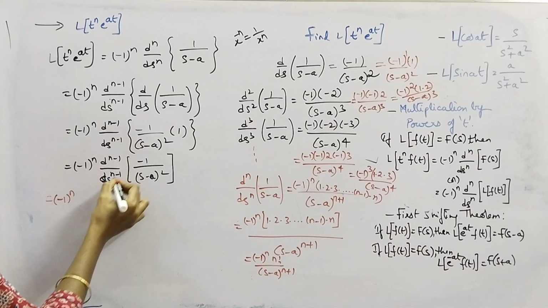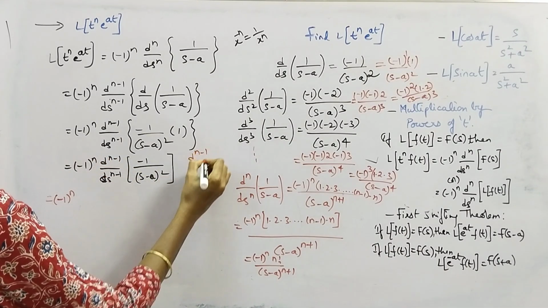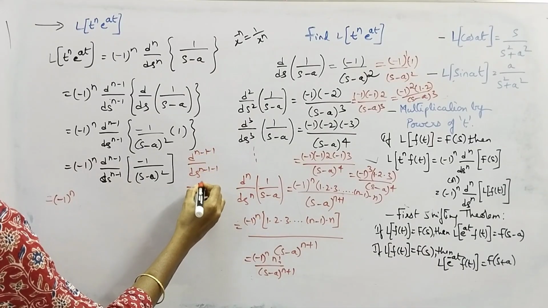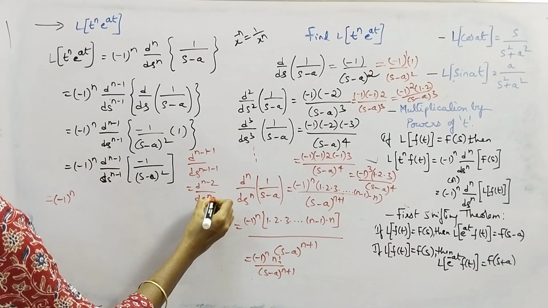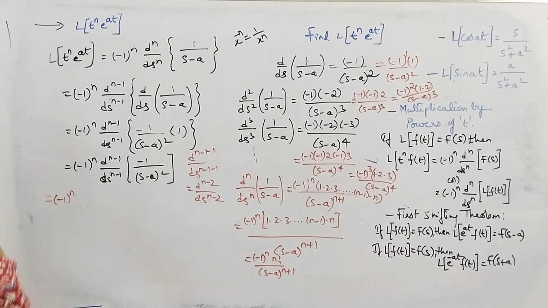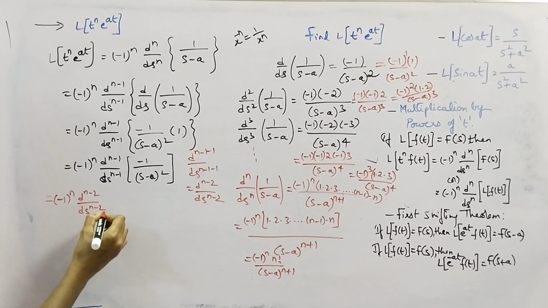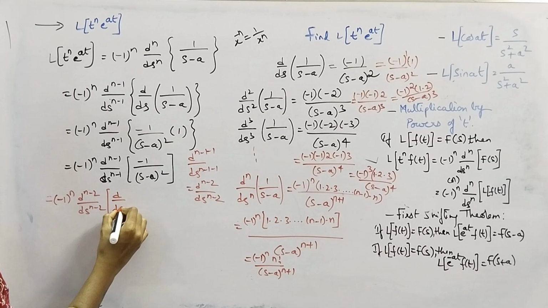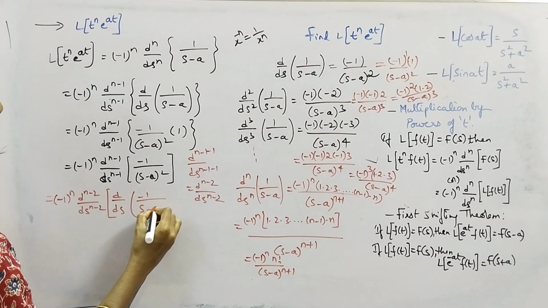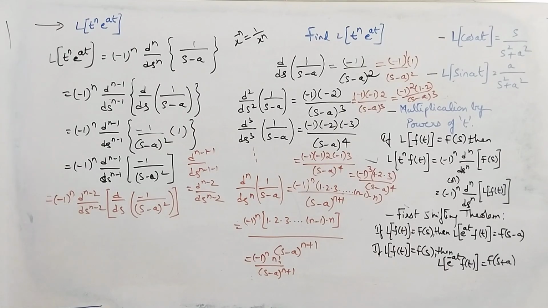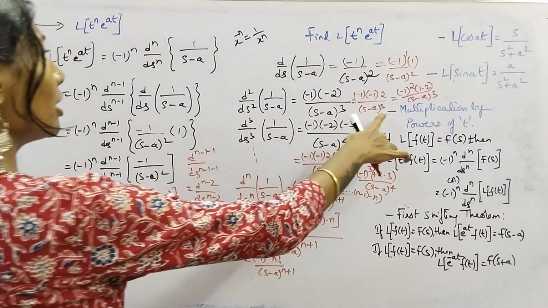So one derivative less than this, n minus 1, becomes d power n minus 2 by ds power n minus 2 into d by ds of minus 1 by s minus a whole square. So the value of the second derivative is this one.